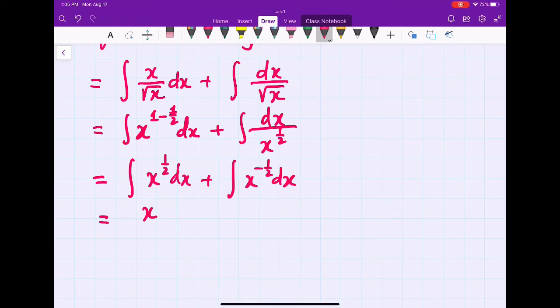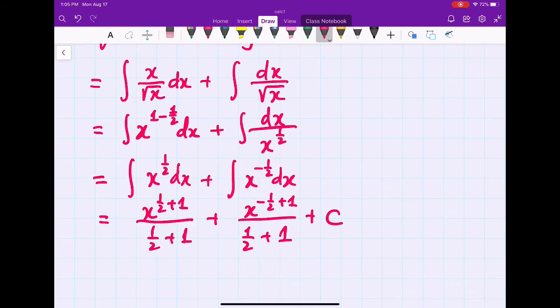I have x to 1/2 plus 1 over 1/2 plus 1. Another one is x to negative 1/2 plus 1 divided by negative 1/2 plus 1, and then plus constant.